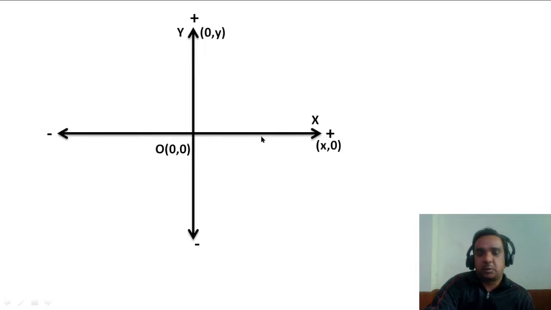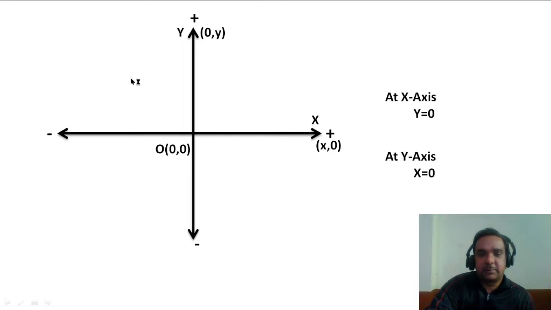If there is a point on the x-axis, the value of its y coordinate is always 0, and similarly, if there is a point on the y-axis, its x coordinate is always 0. Now we also observe that these two axes divide our plane into four equal parts.